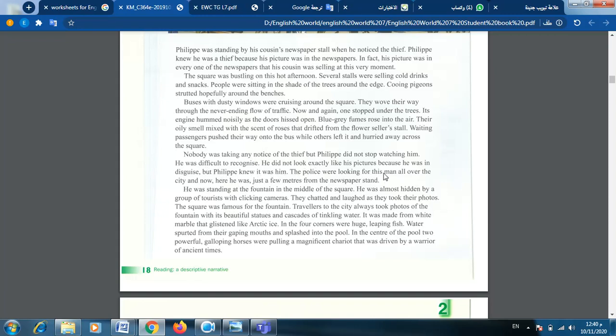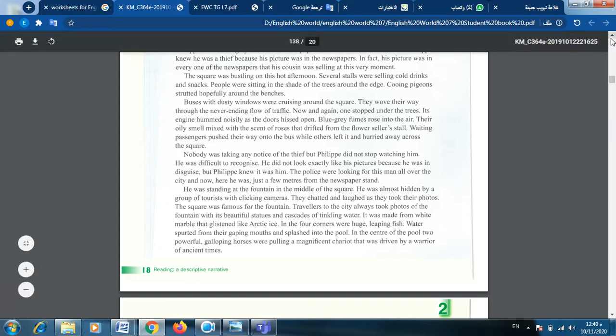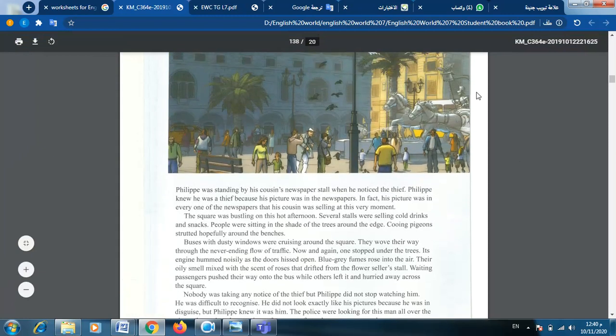The police were looking for this man all over the city, and now here he was just a few meters from the newspaper stand. Also, the police were looking for this thief. They want to catch him. Okay. He was standing at the fountain in the middle of the square. Okay. The thief was standing here in the middle of the square at the fountain, around this fountain.